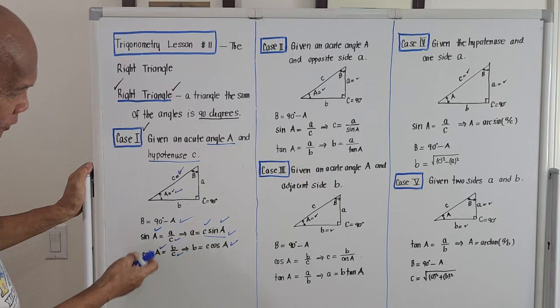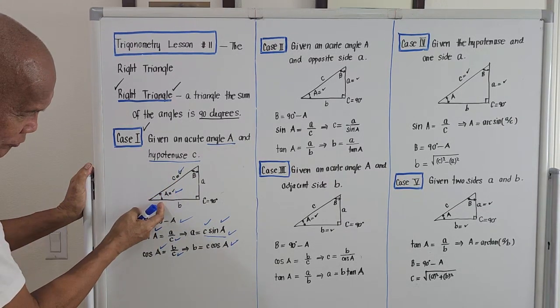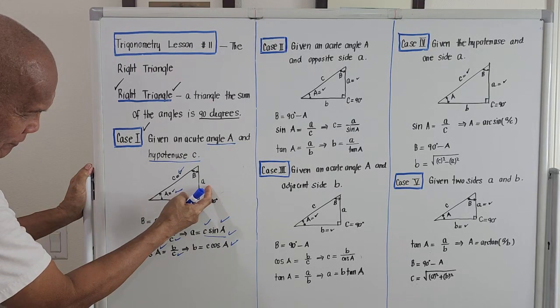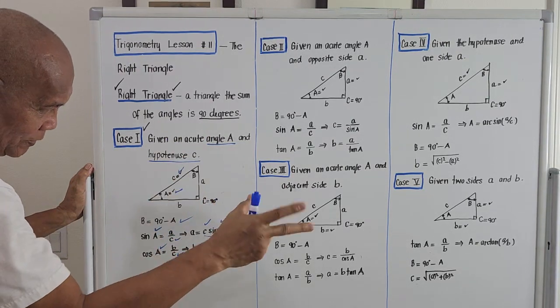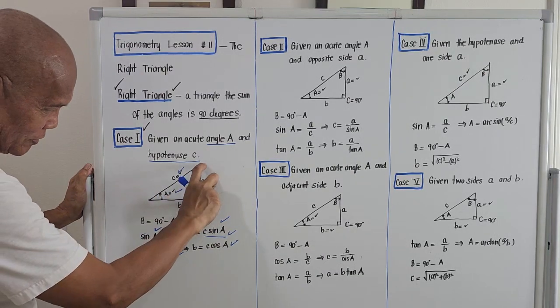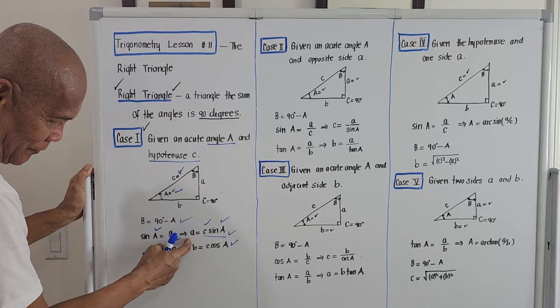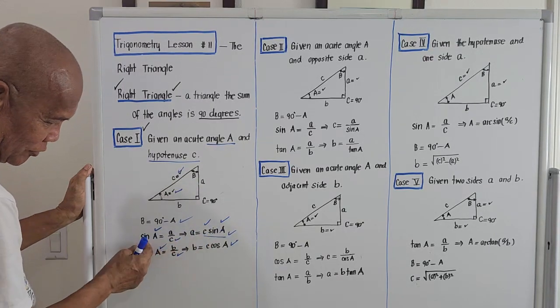Like this one here: if we are given hypotenuse C and angle A, to compute for A, the trigonometric definition we will be using is sine, because sine of angle A will be this side over C. So A will be equal to C sine of angle A, if we simplify this.